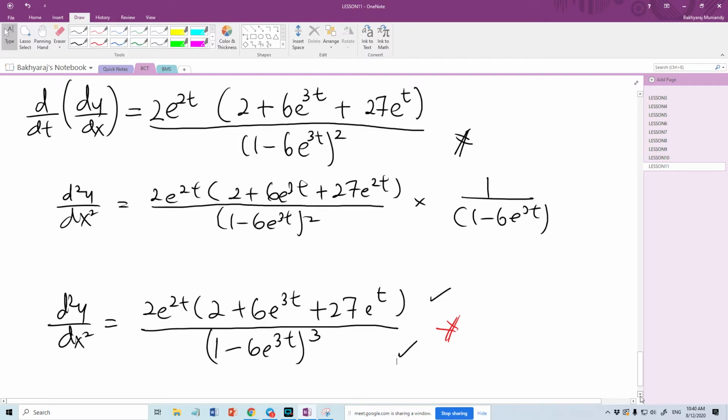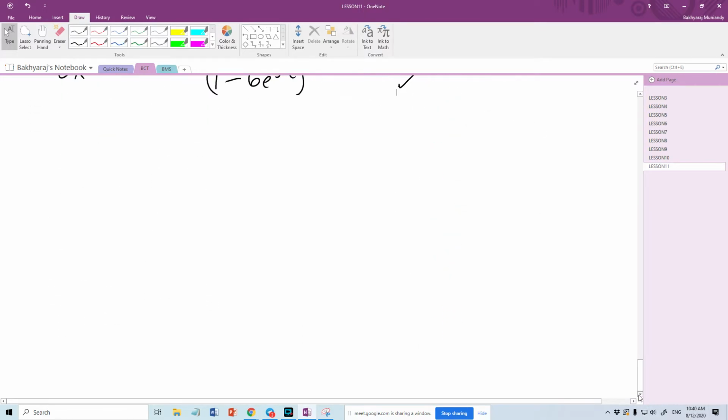Okay, so we can go for tangent equation. Saya terus pergi kepada tangent equation. Okay, so tangent equation come from dy dx. Itu yang kita kena faham. Tangent equation. So tangent equation is actually come from dy dx.